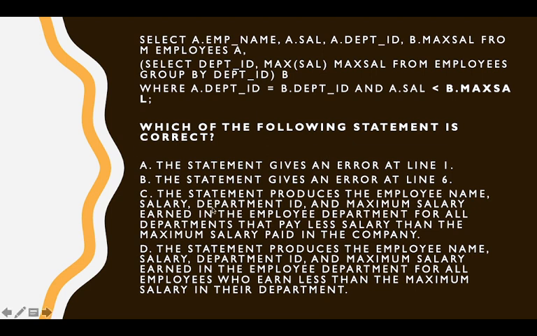It might sound a little confusing here, but let's not get confused, and let us also see the third option that we have, which says the statement produces the employee name, salary, department ID, and maximum salary, so till here they are absolutely the same, earned in the employee department for all the employees who earn less than the maximum salary in their department.